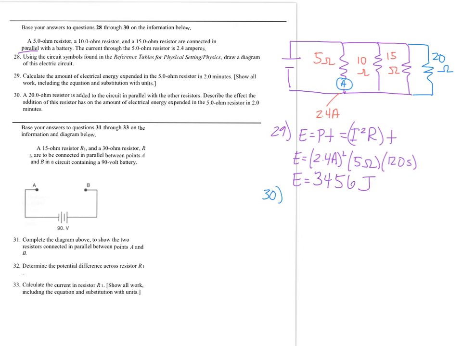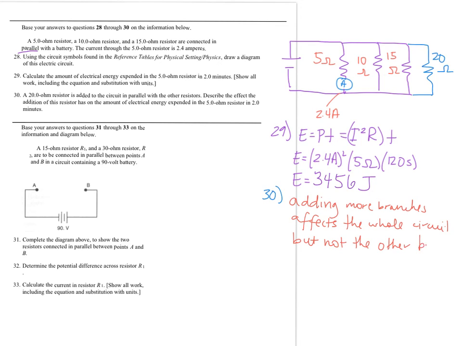What we're going to see here is that whatever happens in the other branches doesn't really affect what happens to the other branches. What it only affects is the overall circuit. So I'm going to write a note here. Adding branches affects the whole circuit, but not the other branches.